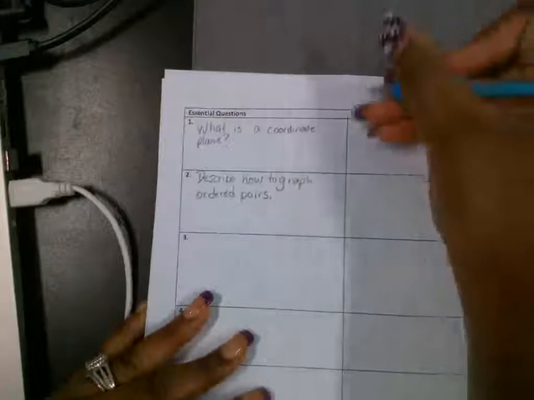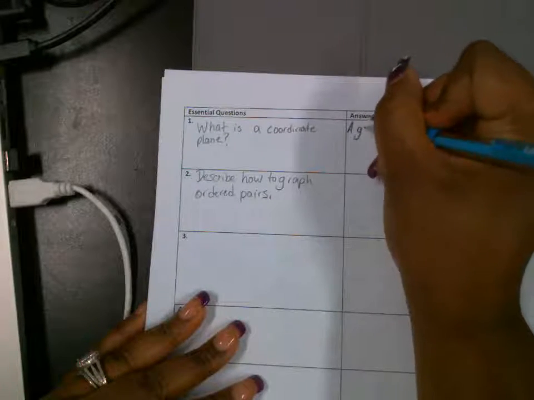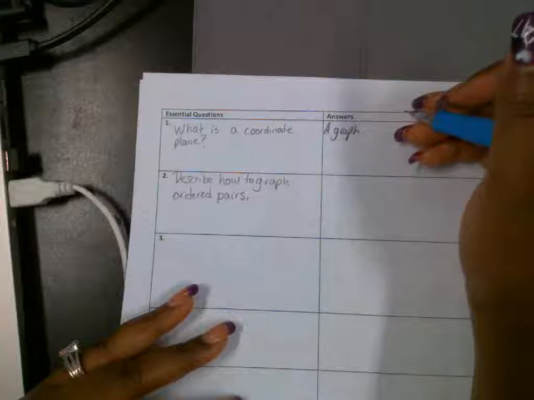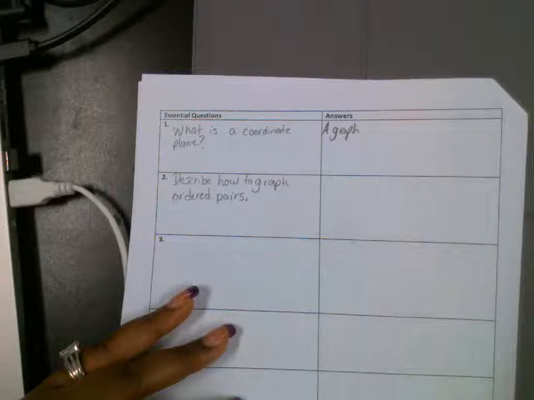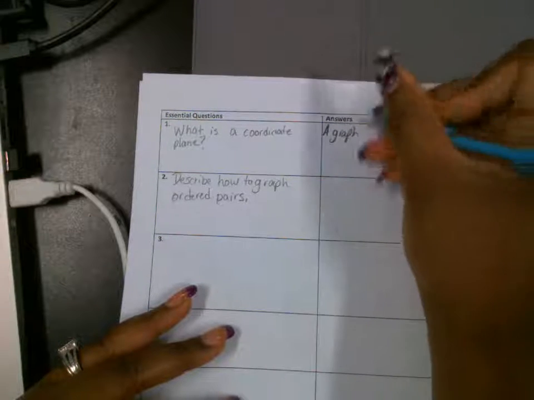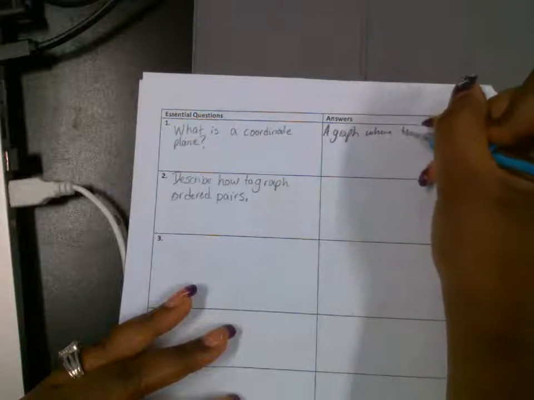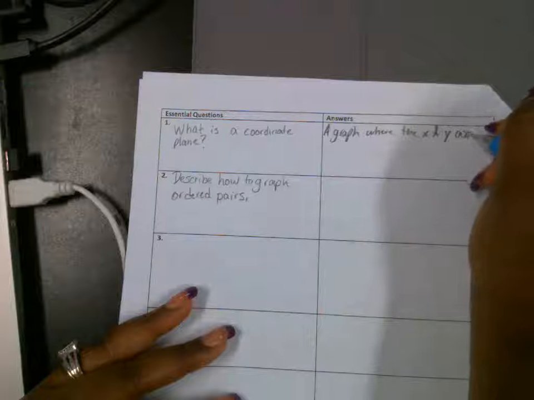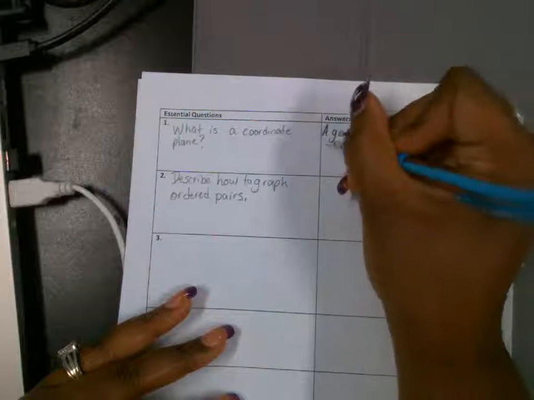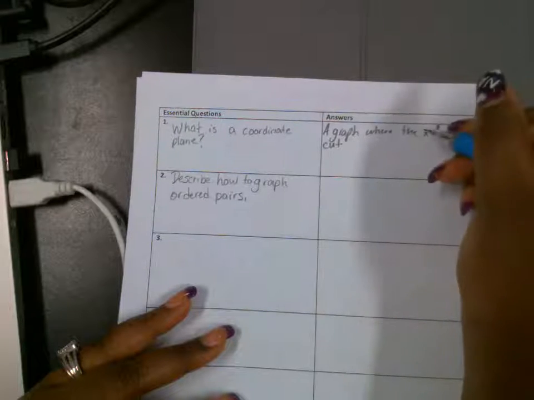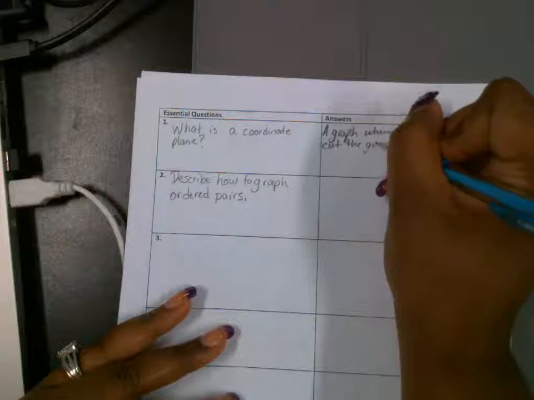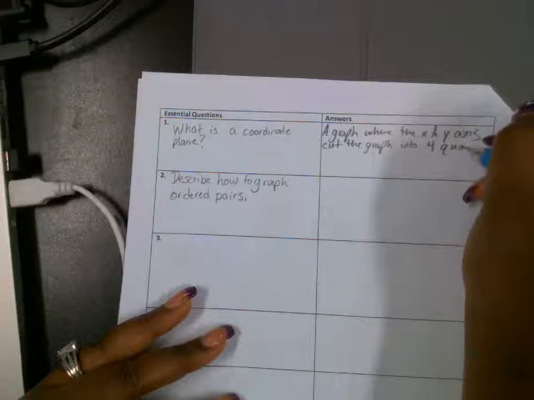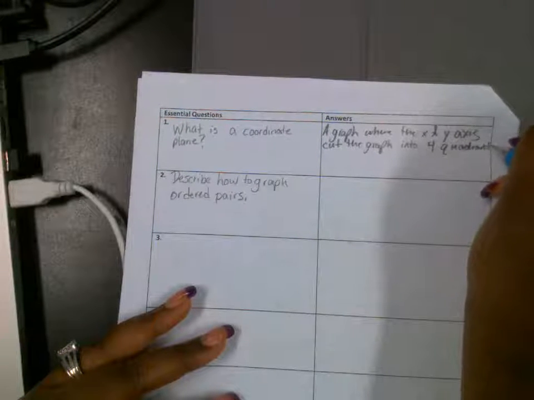A coordinate plane is a graph where the X and Y axes cut the graph into 4 quadrants.